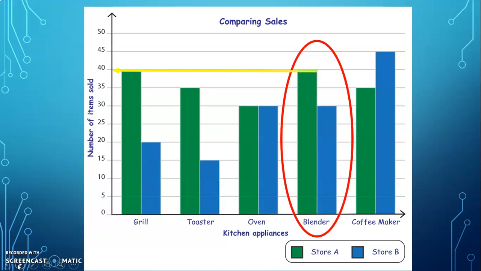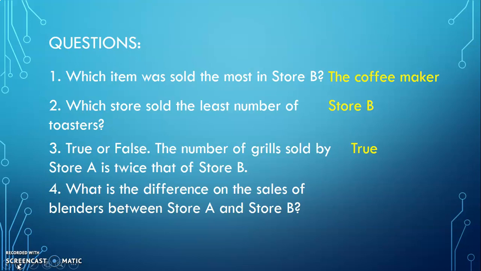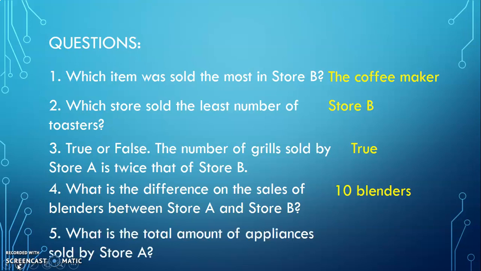So store A had sold 40, store B had sold 30. So now I need to find out the difference. So like I said before, subtraction. 40 take away 30, well, 10. So my answer for what is the difference on the sales of blenders between store A and store B is 10.